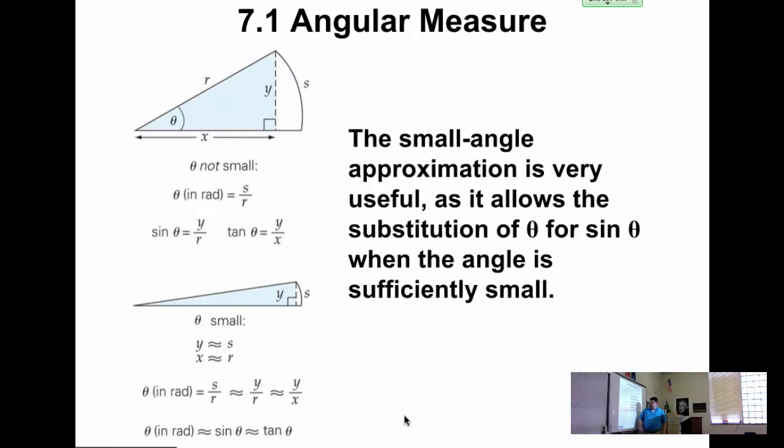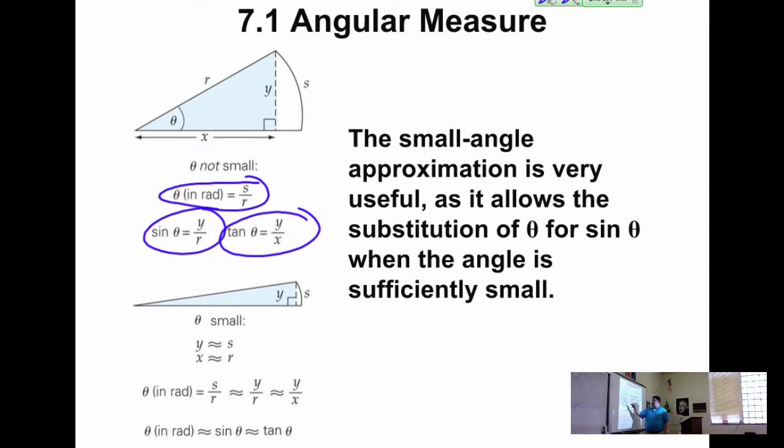Yeah? All right. So then angular measure is any variation of that. And so we said that sine of theta was the same as y over r. We said that tangent of theta is y over x. This is that formula rearranged, the s equals r theta. If you rearrange it, theta equals s over r, right?